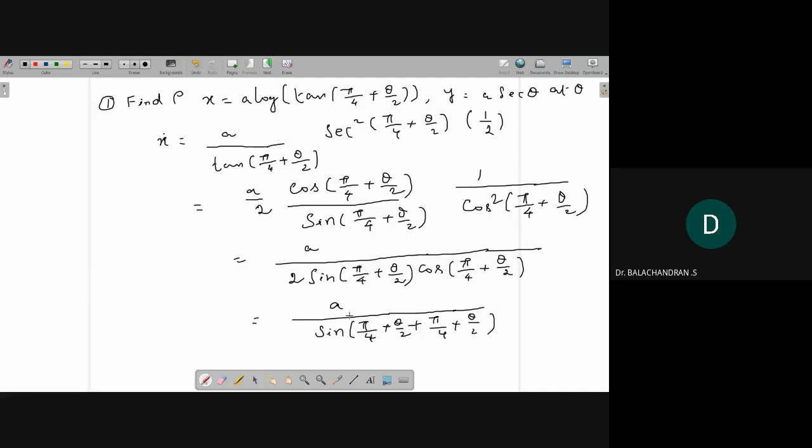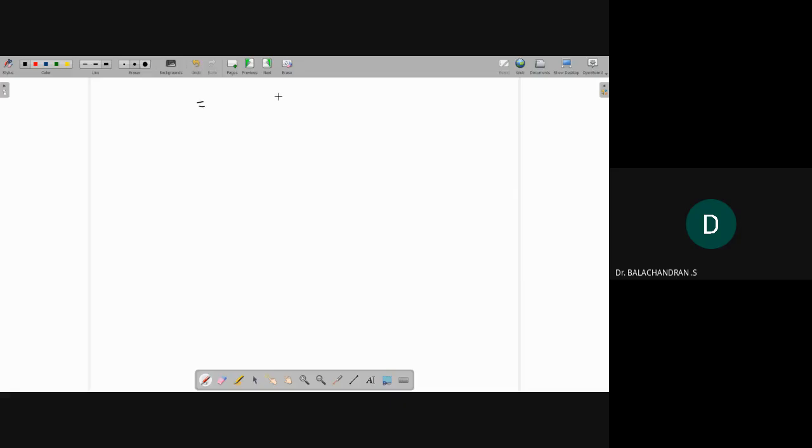So we'll get a by sine of pi by 2 plus theta, which is equal to a by cos theta. And 1 by cos theta is secant theta. So x dot is a secant theta.